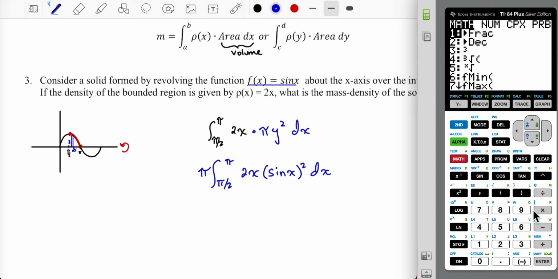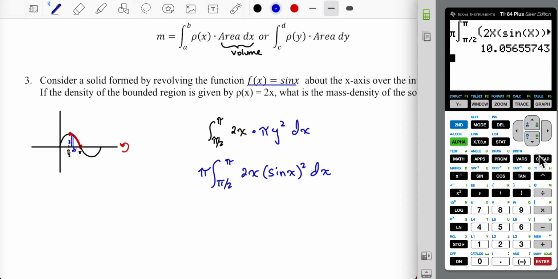Pi, math 9, pi over 2 to pi, 2x, sine x, close it up and square it, and a dx at the end, and we're looking at a mass density of 10.0566.